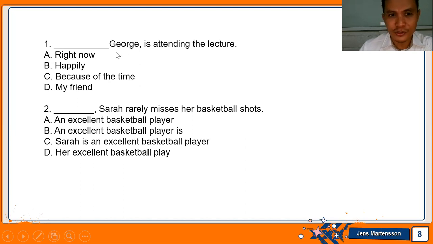So George is the appositive ya. Understand? Kalau komanya di sini, koma, kemudian di sini koma, berarti yang menjadi appositive adalah si George. Oke. Tapi kalau di sini koma, di sini nggak koma, berarti yang appositifnya adalah yang di sini. You got it? Understand? Yes, sir.